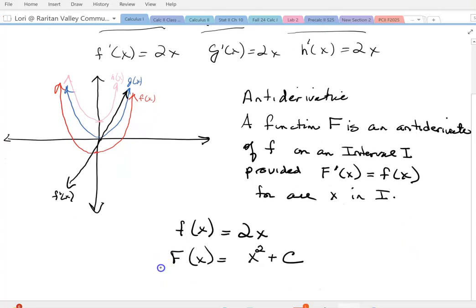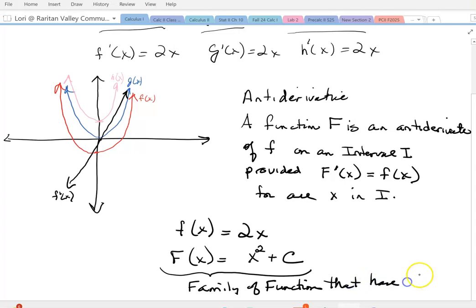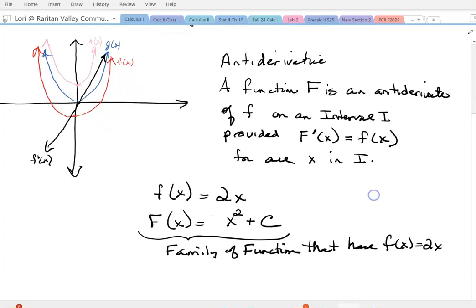And this F of x represents a family of functions that have f of x equaling 2x as their derivative.